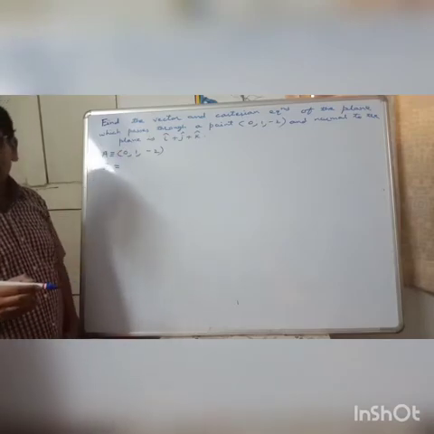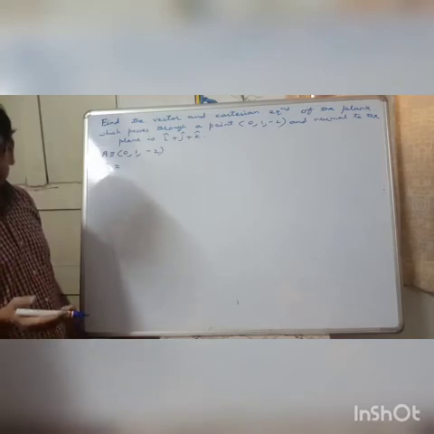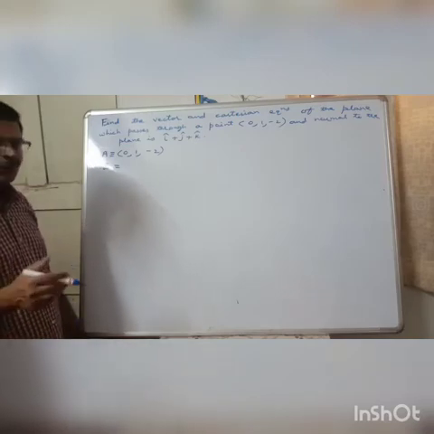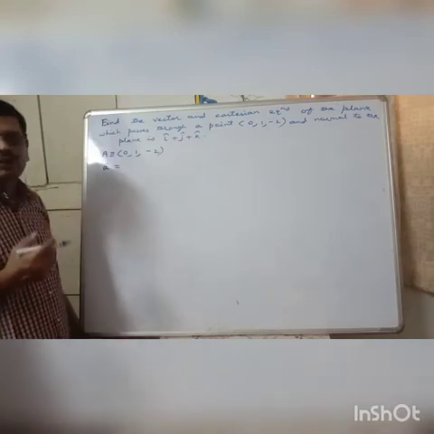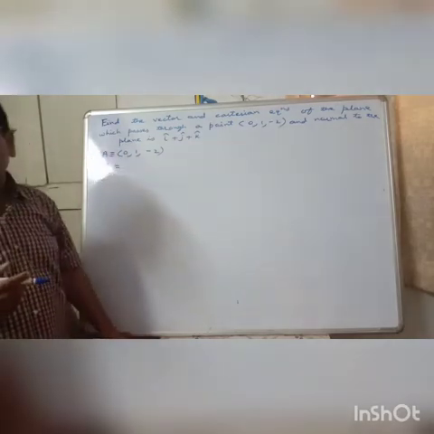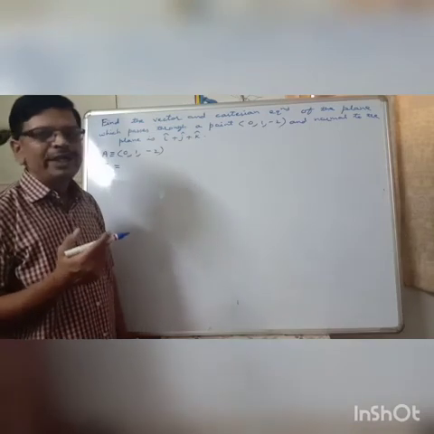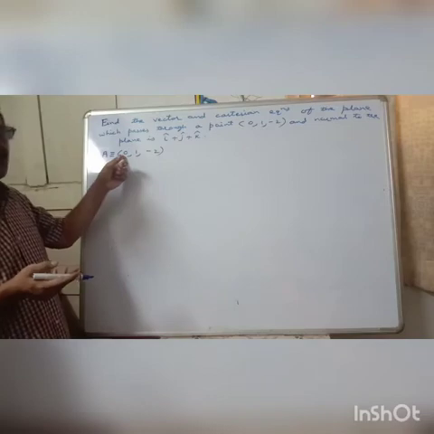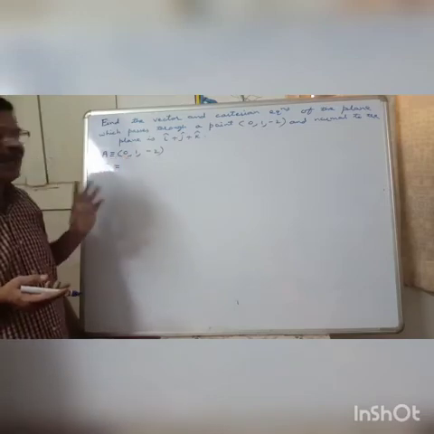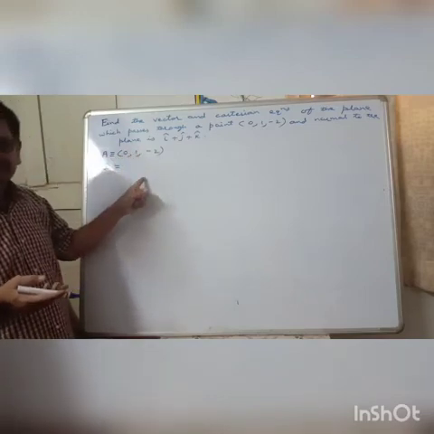From coordinates of point we can write position vector of that point, or from position vector of point we can write coordinates of point. Here coordinates of point, they become coefficients of unit vectors i, j, k. X coordinate, it is coefficient of i. Y coordinate, coefficient of j.